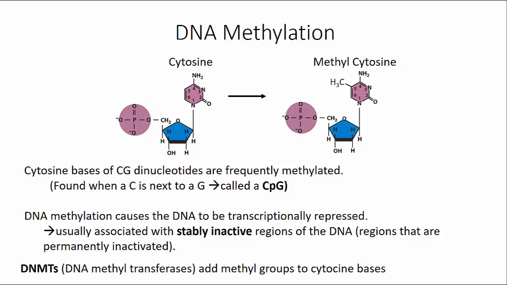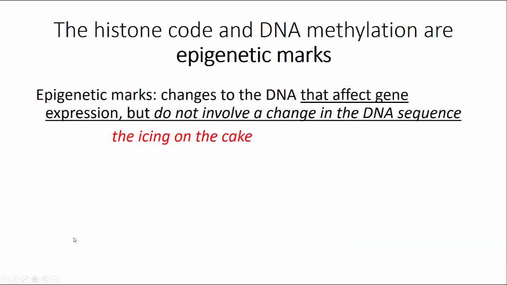And so it might methylate regions of the genome that have to do with functioning as a neuron, for example. DNA methyltransferases are the enzymes that add those methyl groups to those cytosine bases.